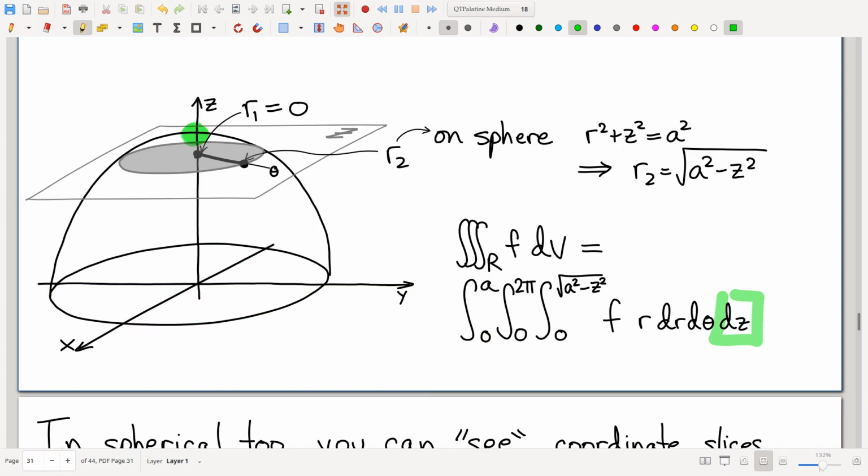There's my last slice. It's right up at the top, right? Where z happens to, again, be a radius, coincidentally, conveniently, right? And being a radius, that means that that is A. Everybody happy with that?